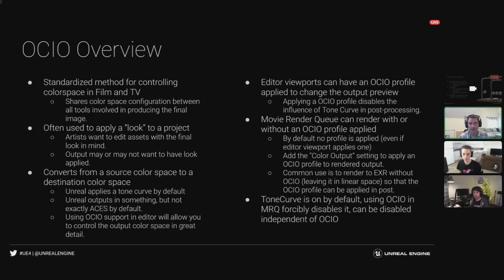Yeah, so OpenColorIO is a standard that was developed mostly for the film industry, a way to standardize color management across a pipeline. So in a film, and especially a VFX type pipeline, typically you're dealing with media that's coming in from a film camera and shot in various color spaces.